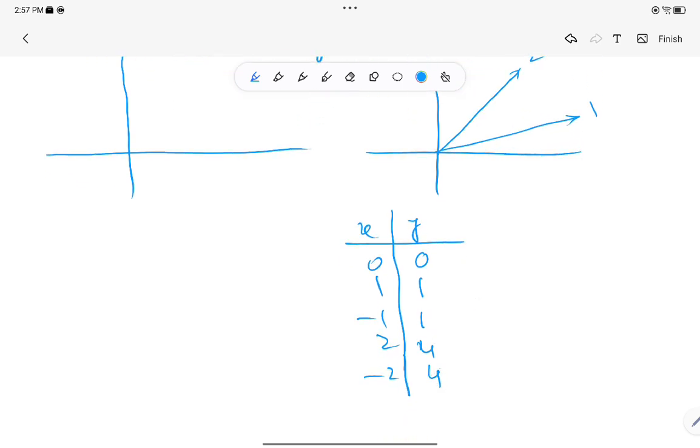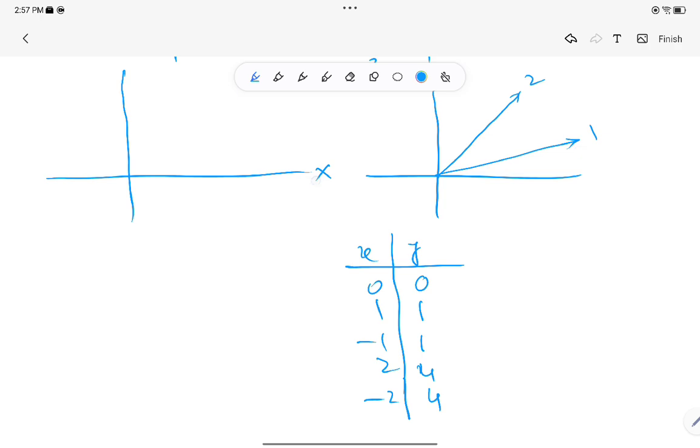If I have these points, these are enough. You have x, you have y here. Now x equal to 1, x equal to 2, x equal to 3, and so on. Here I have minus 1, minus 2, minus 3, and so on.